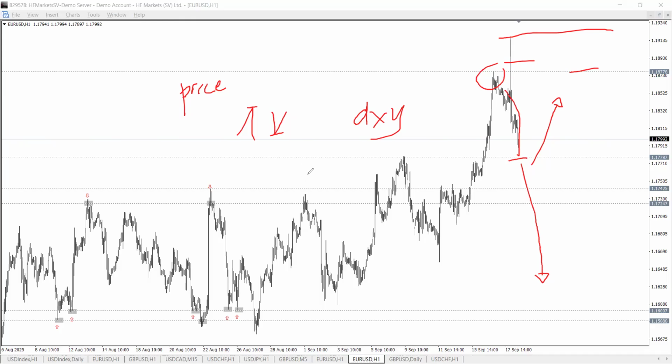Now, with that said, are we going to break the lows of the DXY, or is that going to be a support area? Is it going to act as a support, a demand zone, and then price pushes up? If that is the case, then all things being equal, we should see the Euro USD drop, right? But let us wait till next week. I'm not really interested in Euro USD anymore.